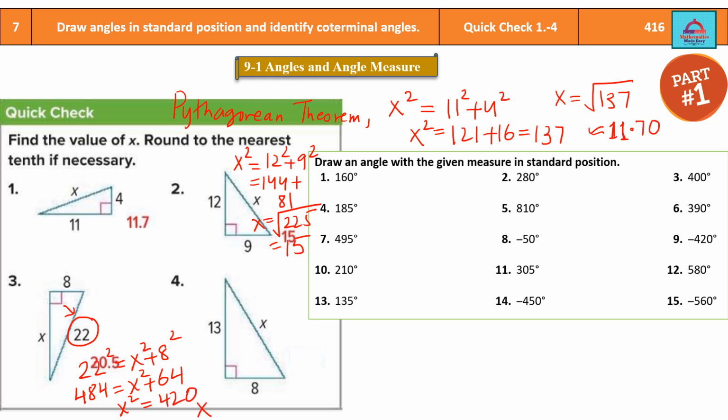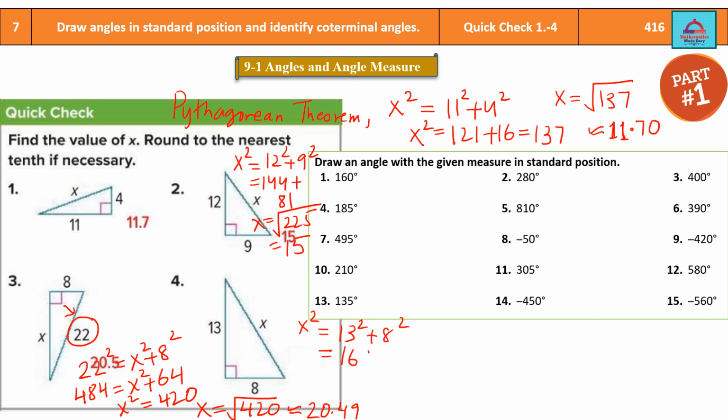And for value of x, you have to take the positive square root. So it will come out in decimal near about 20.49.